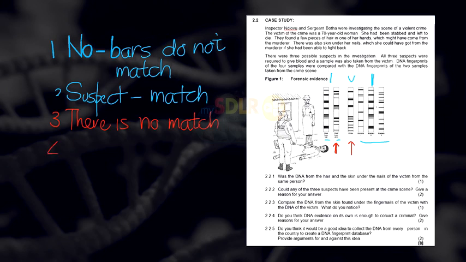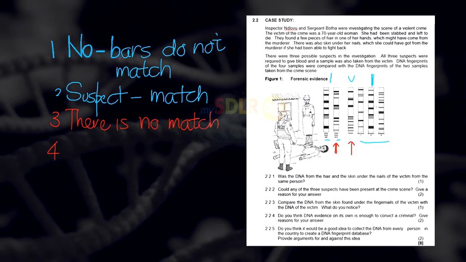To question 4, do you think DNA evidence on its own is enough to convict a criminal? So, they are asking, if we had these profiles, and the profile matched number 2, as in this case, would we be correct in stating that suspect 2 was the murderer? Well, unfortunately, we cannot say for certain that suspect 2 was the murderer.